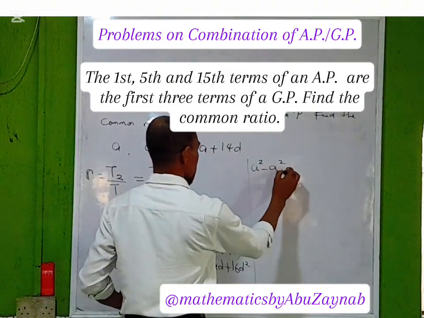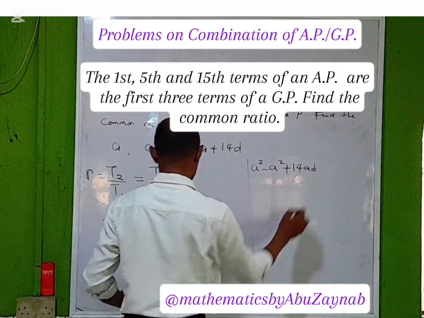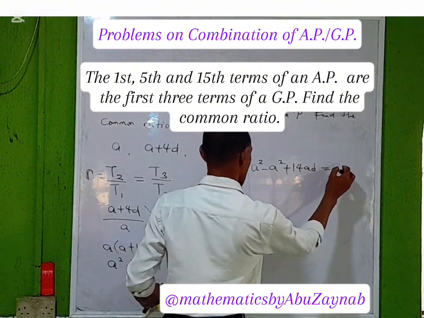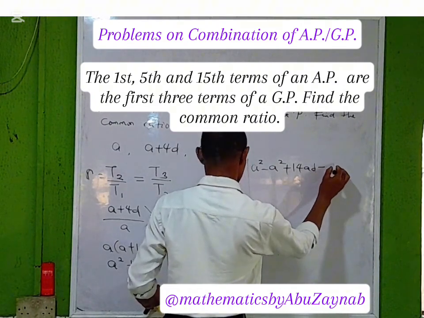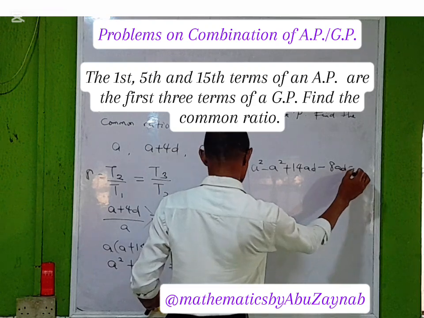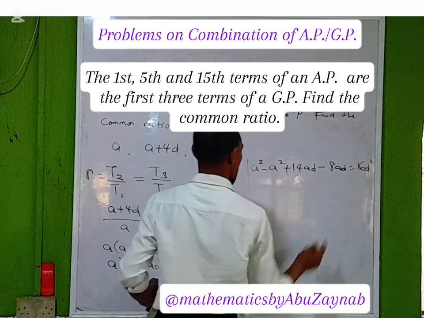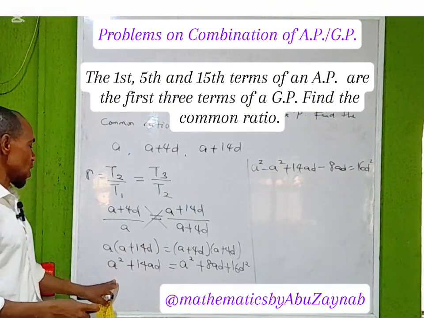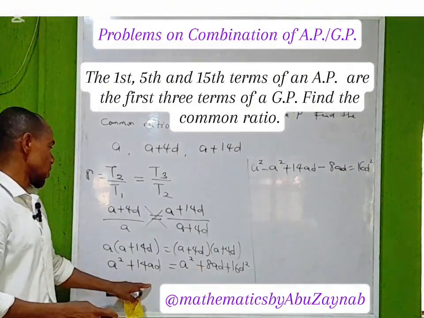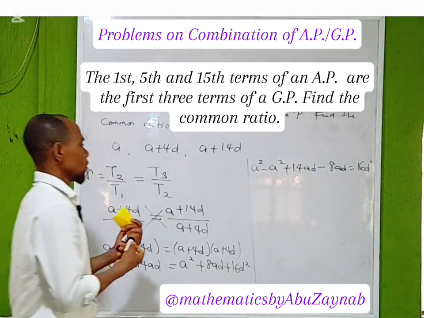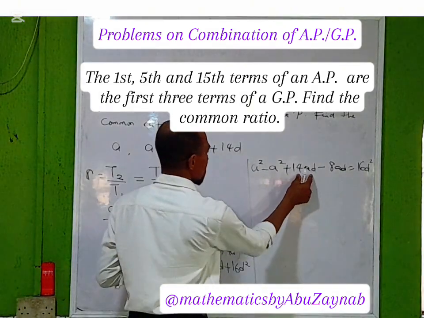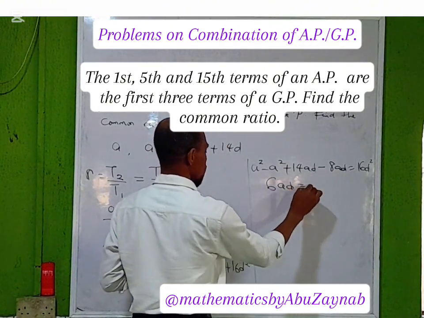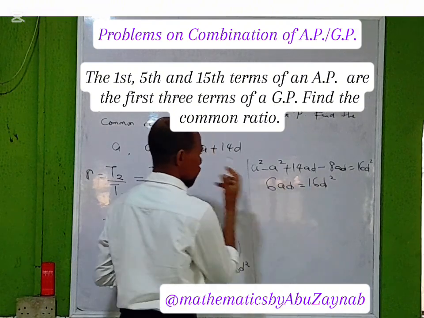Then 14AD minus 8AD equals 16D squared. So we have collected everything on one side. These are like terms now. 14AD minus 8AD is 6AD, equals 16D squared.